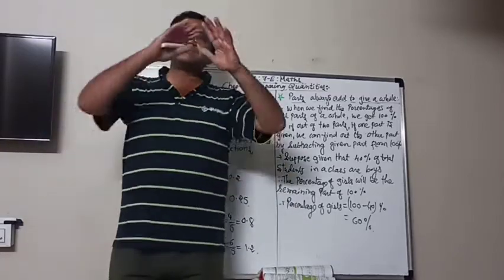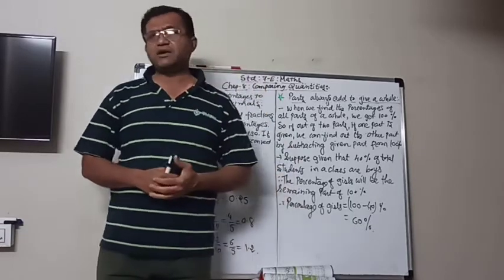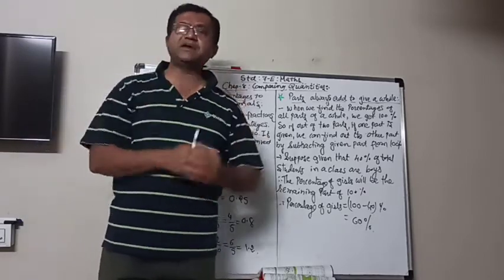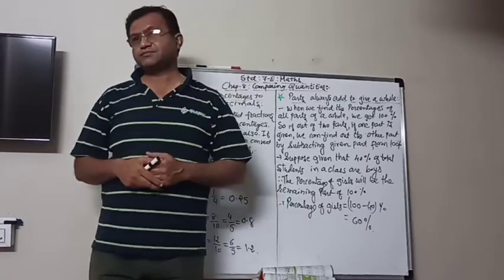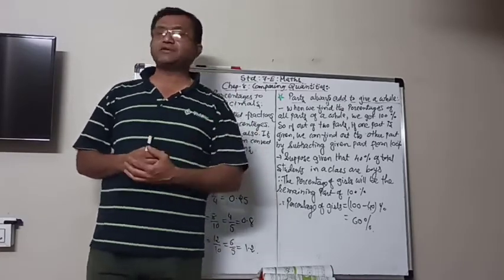Or maybe 3 parts are done and 2 parts are given. Then also from 100 you can subtract the total given parts and you get the required remaining part.